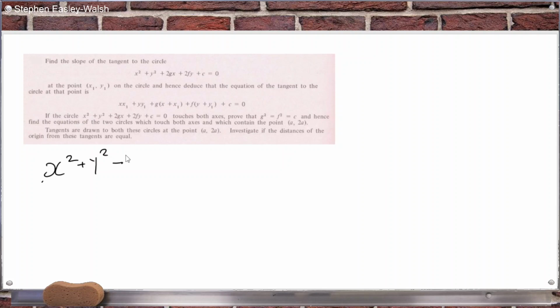But it's going to be a plus or minus. Let's just sub in the point first. So it's going to be a squared plus 4a squared plus 2ga plus 4fa plus c equals 0.